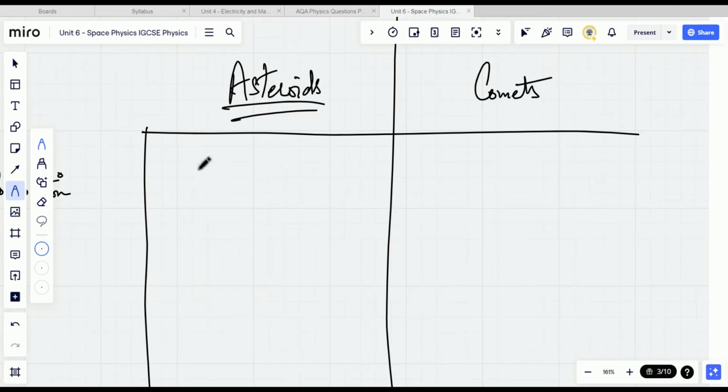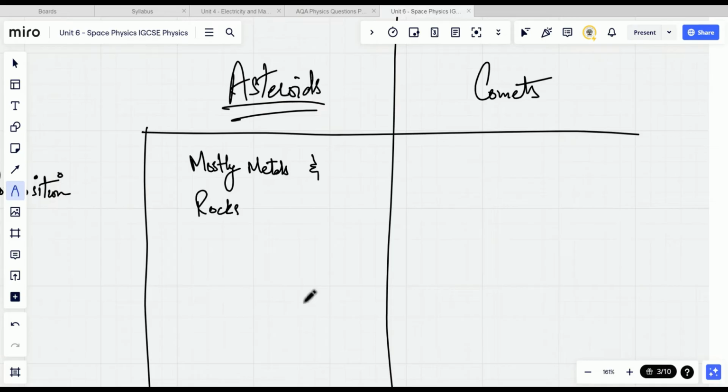So these are mostly metals and rocks. Do you all remember how the dinosaurs died? They became extinct because of an asteroid, right?